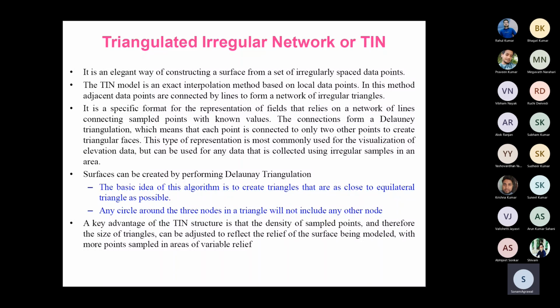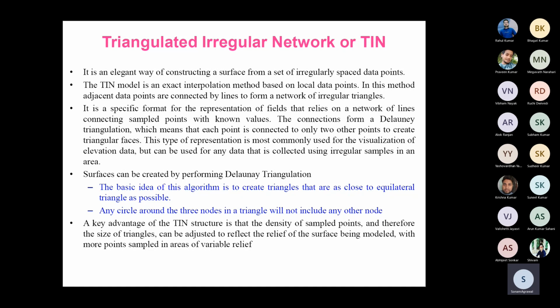Suppose there is a flat surface. In that case, fewer points will be sampled because the variation will be very small. But if there is a slope, there is a lot of variation. If you move horizontally, even a small horizontal movement will give you different values. So sampling will automatically increase at the slope. So in the case of TIN, the sampling is mostly done in an adaptive manner.